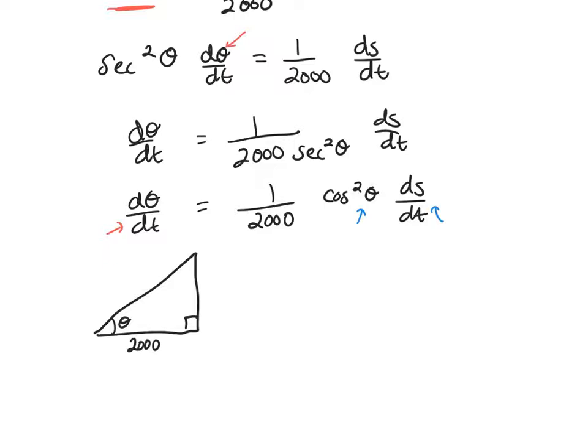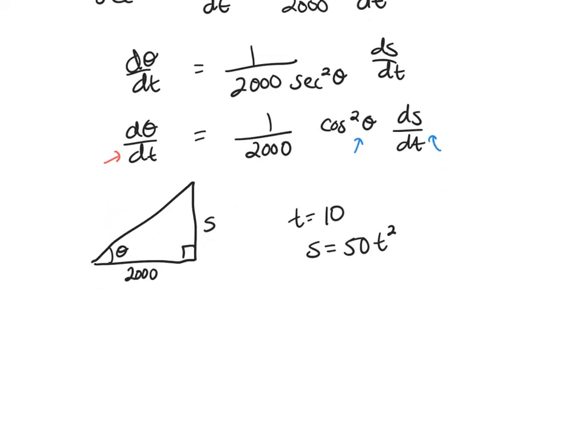And then I had this distance s here. Well, we're given t equals 10, and there's a relationship between t and s. It's that s equals 50t squared. So I can plug in t to find s. So I'm getting 5,000. That's what s is equal to.